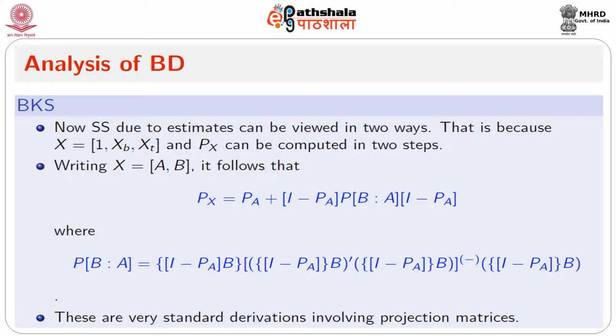So there are two ways of looking at the computation of P_x. Either you start with A followed by B, or you start with B followed by A, and it depends on whether A is combining 1 with X_b, or A is combining 1 with X_t. Depending on that, we have the expression for the sum of squares. Yes, sir. These are very standard derivations involving projection matrices.